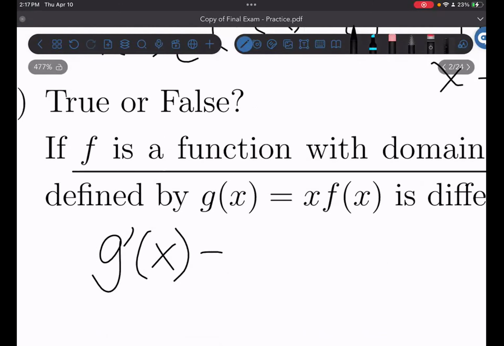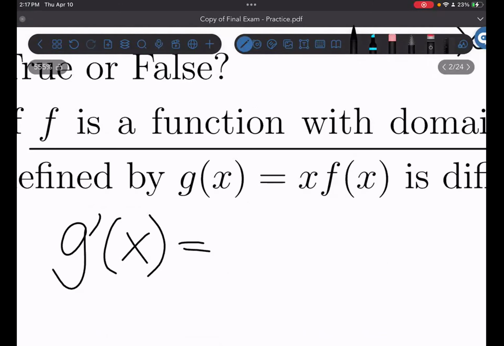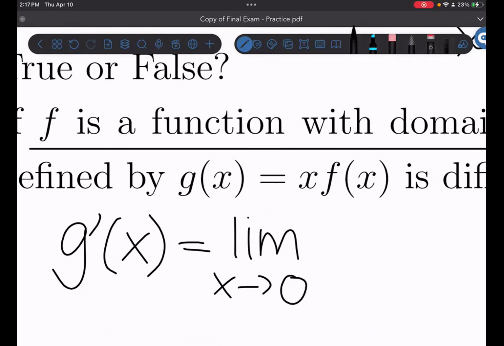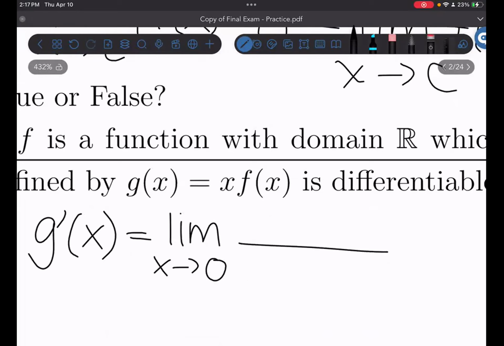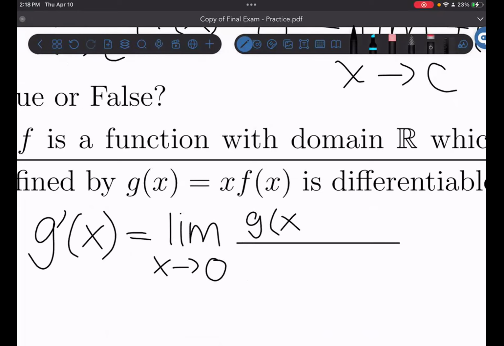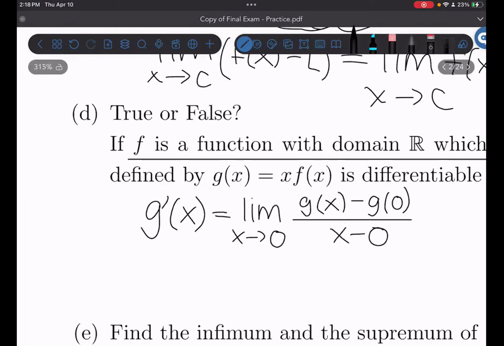So for g of x, g prime of x would equal the limit as x approaches 0 of g of x minus g of 0 over x minus 0, right?